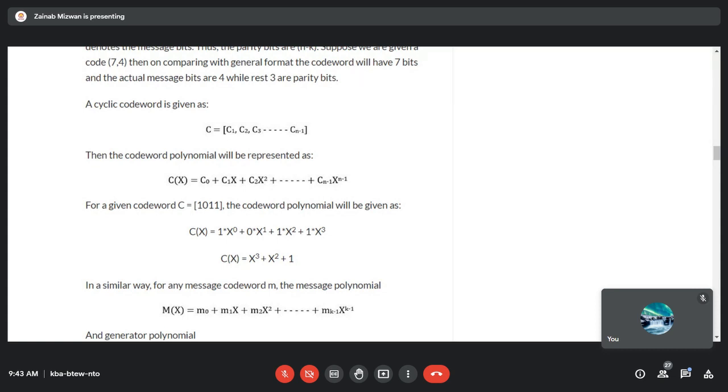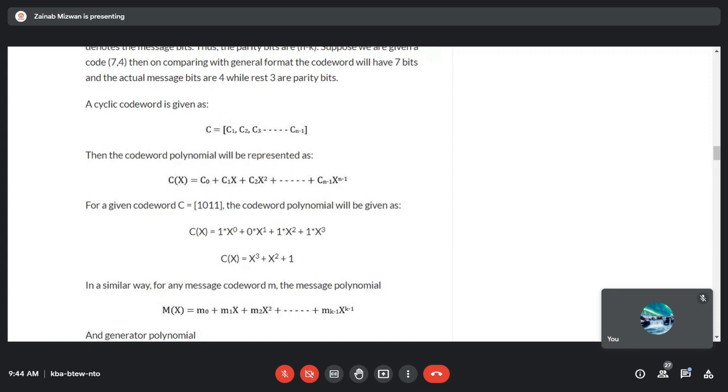So you can see when we talk about the cyclic code, what we have to write is the code word polynomial. Now when I say I want to write a code word polynomial, basically what I should know is the value of n.